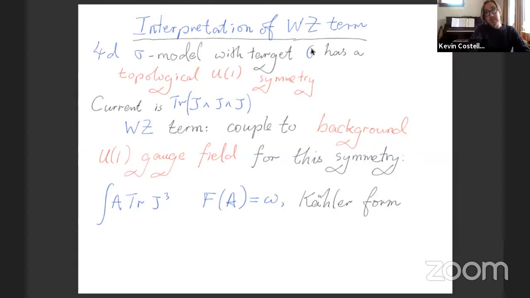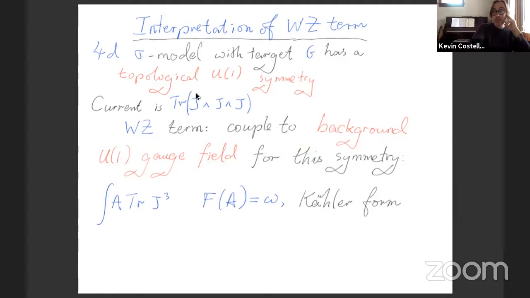This group manifold has non-trivial pi3, and there's a corresponding third cohomology class, which looks like this on G. That class can be thought of as giving a U(1) symmetry for the 4-dimensional sigma model. And this expression here is the current.